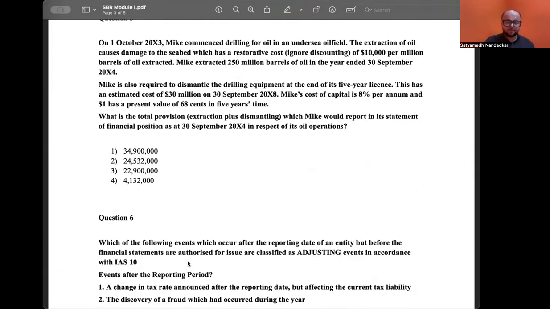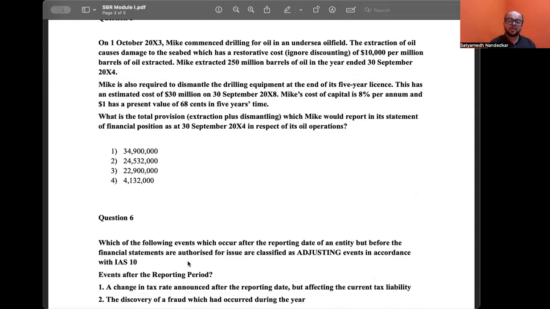Okay. Then on 1st of October 2003, Mike commenced drilling for oil in an undersea field. The extraction of oil causes damage to the seabed, which has a restorative cost, ignoring discount, of $10,000 per million barrels of oil extracted. Mike extracted 250 million barrels of oil in the year ended 30th September 2004.